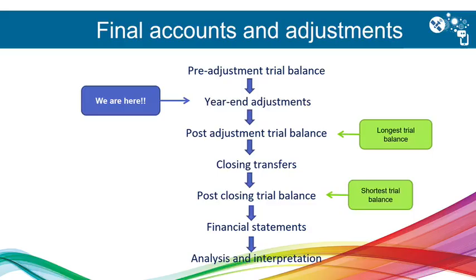Now when we start with these closing transfers and year-end adjustments, trading account, profit and loss account, then we can ask you the post-closing trial balance. But we are actually heading here to the financial statements, the important one. But everything we do now is necessary to prepare you for those financial statements.